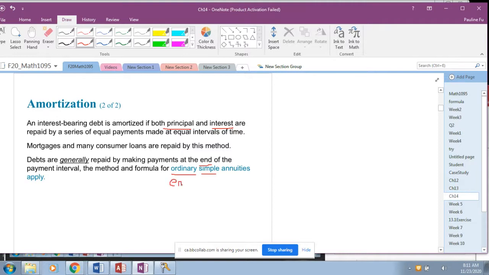Ordinary means payment is made at the end. Simple means number of converting period per year, CY, equal to number of payment per year. See, we are constantly reviewing what we have learned so far.